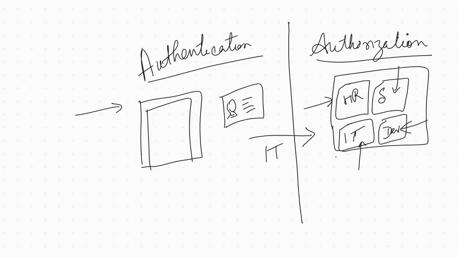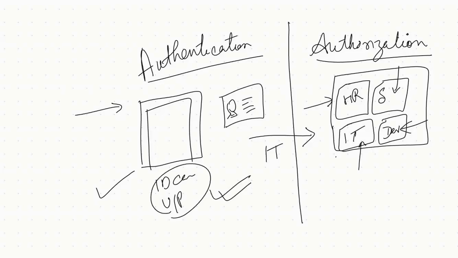In authentication, you're proving who you are by presenting your ID card, government ID card, username and password, anywhere where you're proving who you actually are. Once the identification is validated, then you get inside.